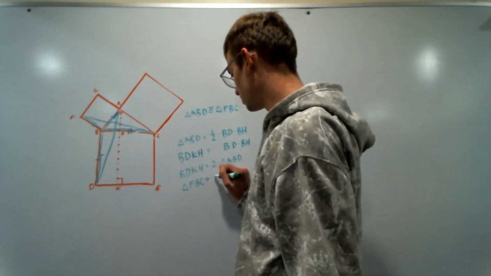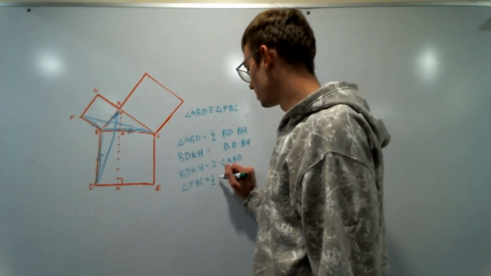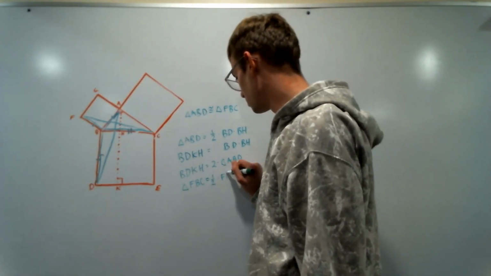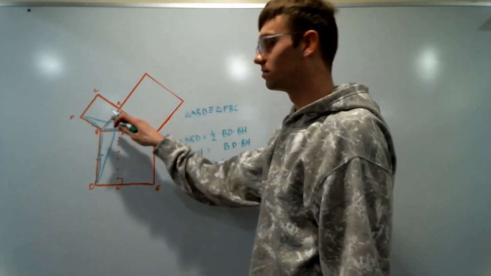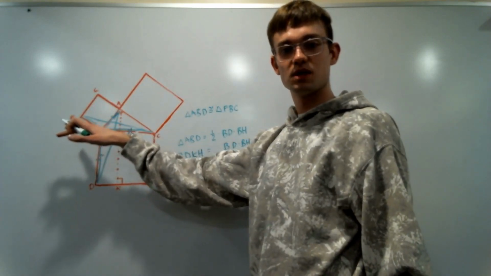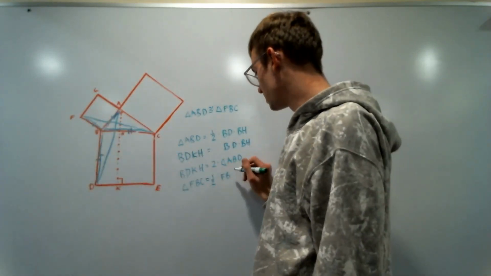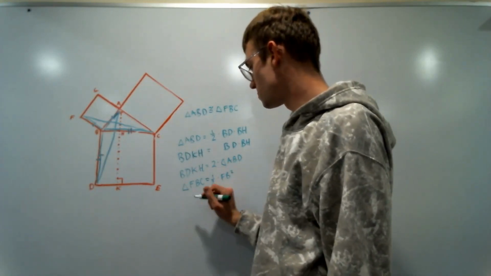So FBC equals 1/2 times length FB times AB. But we also know AB and FB are sides of a square, so they're just the same. So we could just say times FB squared.